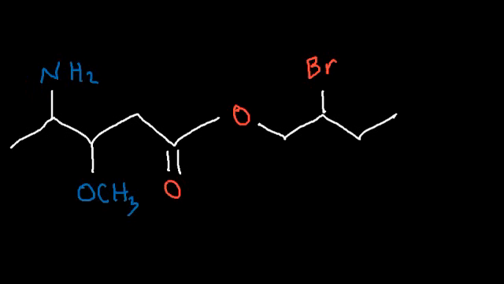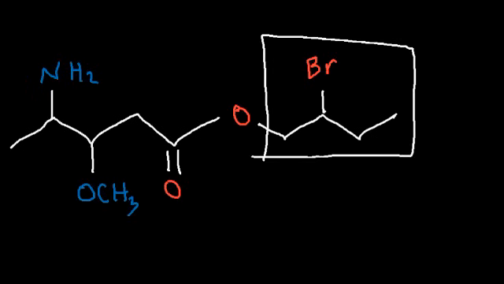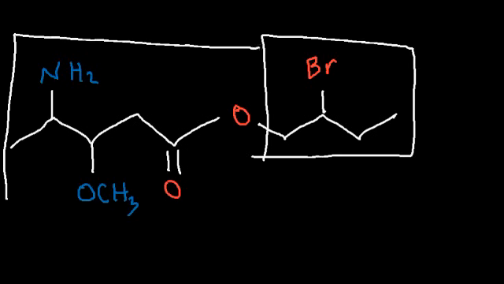Take a minute, pause the video, and work out this example. See what name you come up with, and then unpause the video when you're ready to see the answer. So let's go ahead and begin. Let's name the part of the molecule that doesn't have the 2 oxygen atoms, and that is the portion on the right side. The left side has the 2 oxygen atoms of the ester.